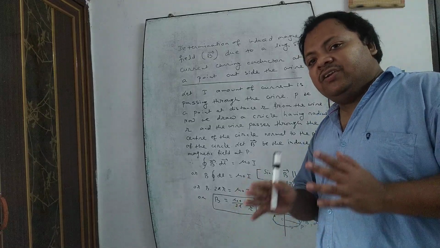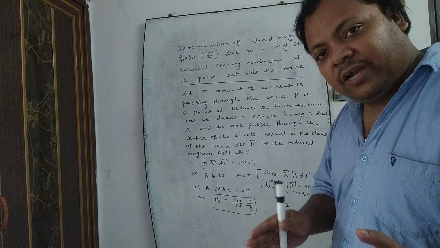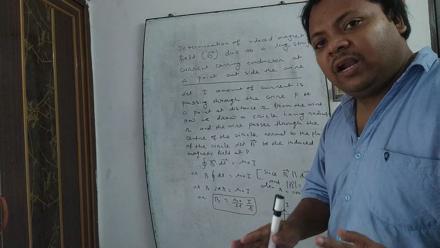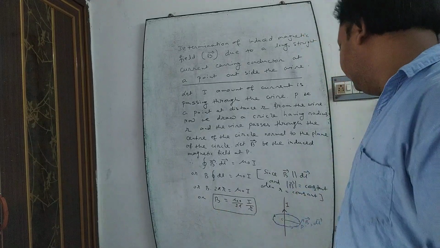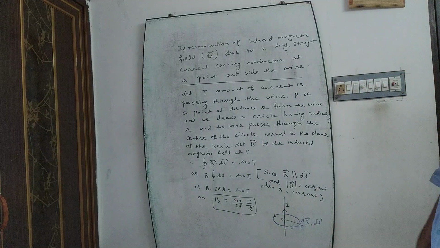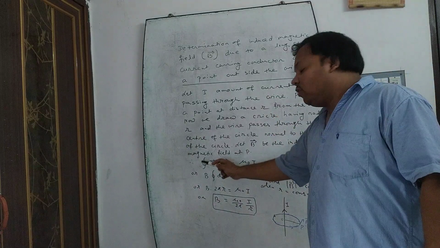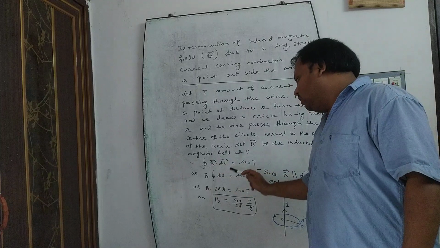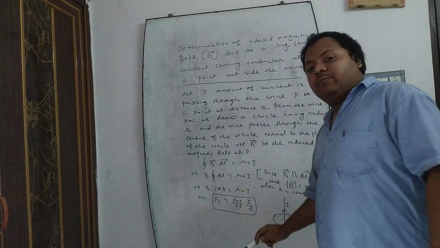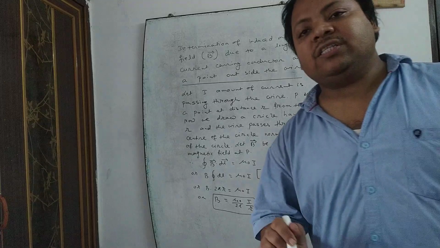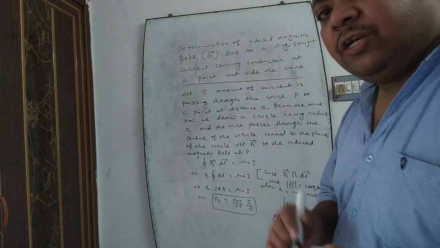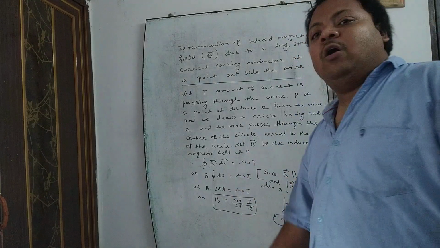That is, the direction of dl vector and B vector are parallel to each other. Now applying Ampere's circuital law, we can write that the closed integral of B dot dl is equal to mu0 into I, where mu0 is the magnetic permeability in air or vacuum.